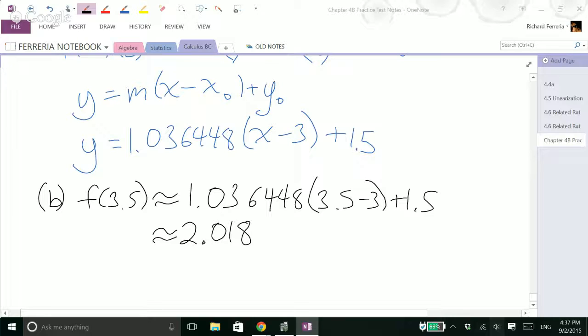Other than just telling you which one to use, if you can figure out a domain for the independent variable, use a candidate test. If you can't figure out a domain for that, or if the domain happens to be infinite, then you're going to have to use a first or second derivative test, so like increasing, decreasing, or concavity test. That's first derivative and second derivative.